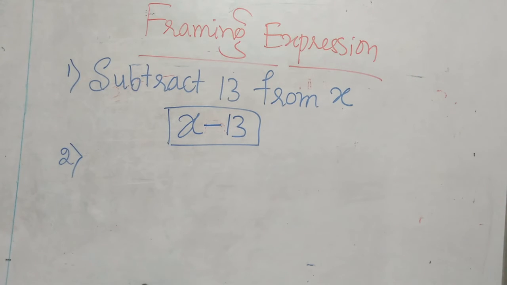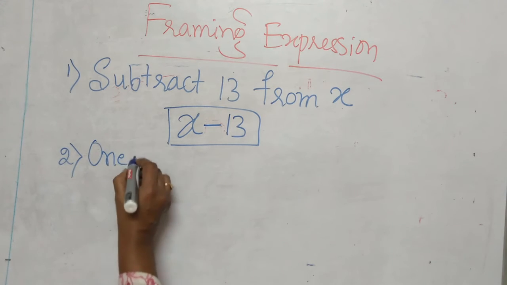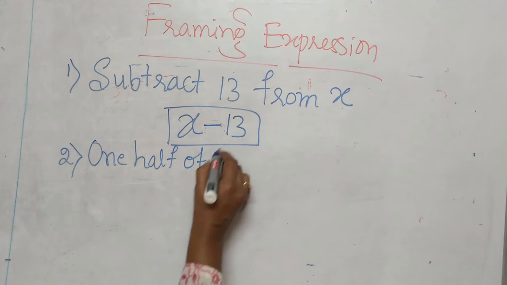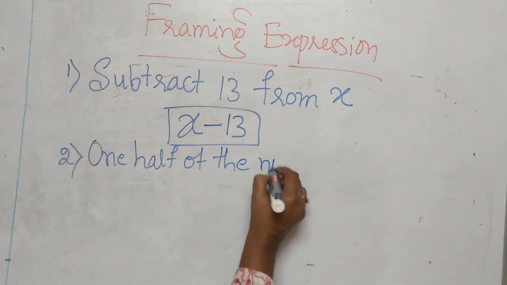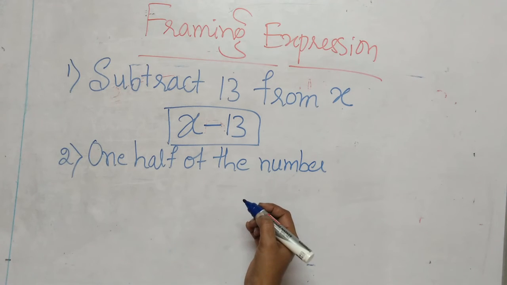Next one is one half of a number. One half the number is nothing but 1 by 2. Okay, it is 1 by 2.